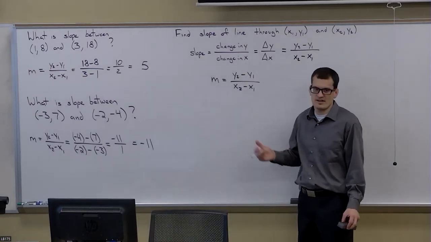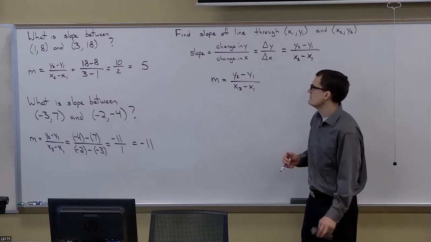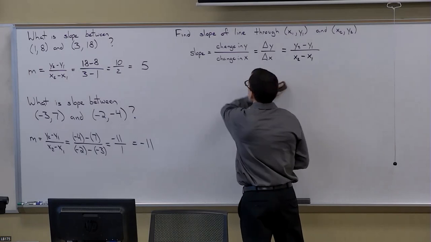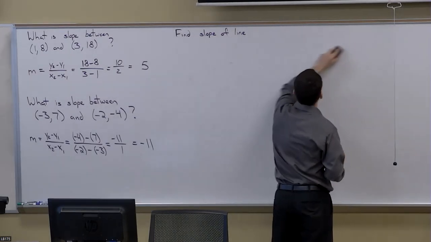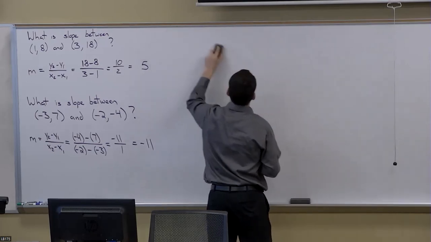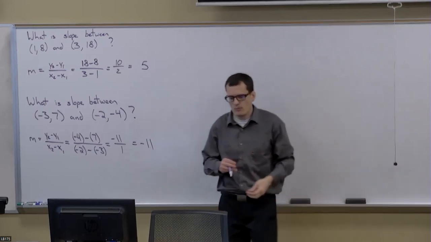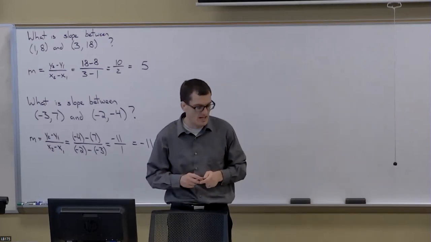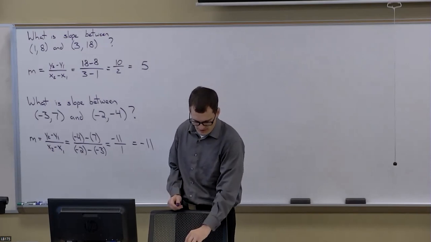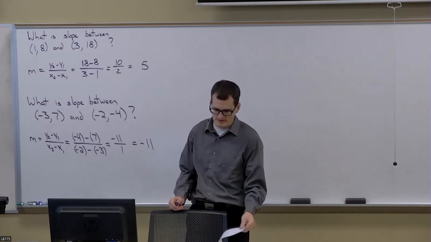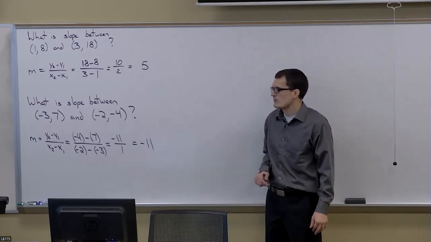And that's the same thing as average rate of change. So slope, we're good. Now, finding slope is one tool that we're going to use when we find equations of lines. All right? So we're going to find some equations of lines. And we'll find slope with those.